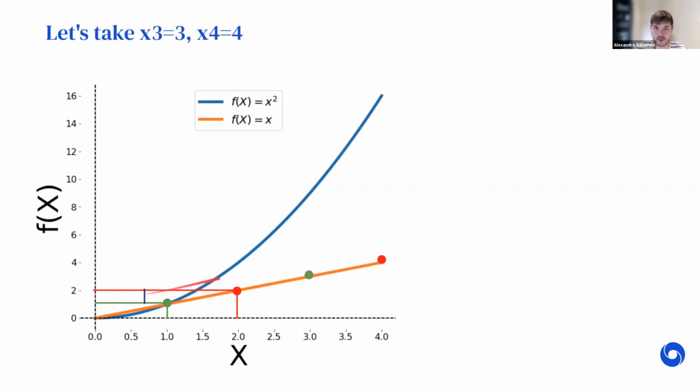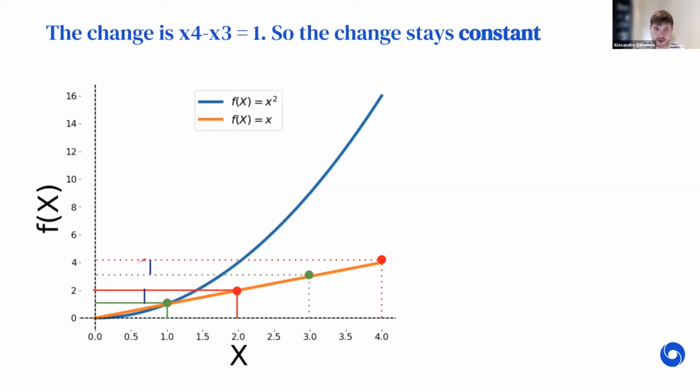Then if we take points x equal to 3 and 4, the difference is also 1. So you take two different points, the distance between the points is 1, and the distance between the values remains 1. So the change remained constant. If you think about quantifying the change, this stays constant, which is quite important information.